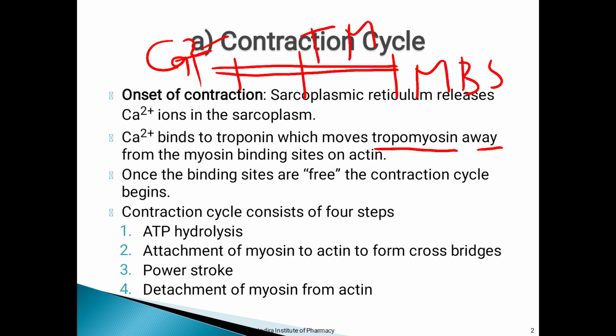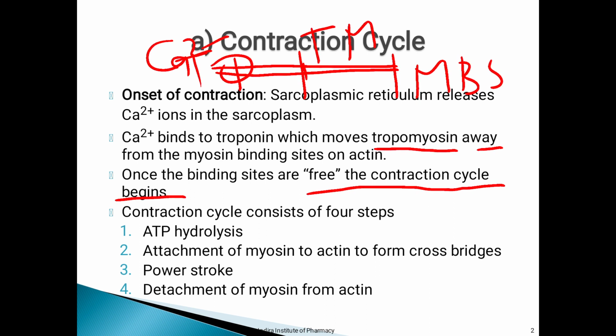Now that the myosin binding site is free, the contraction cycle will begin.